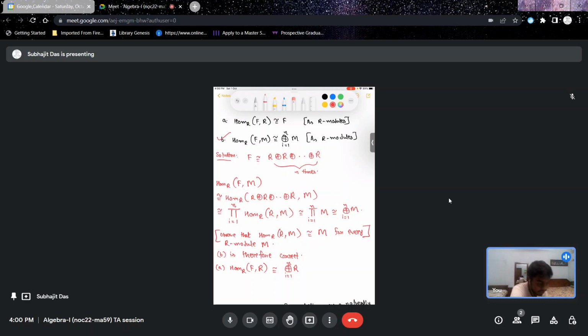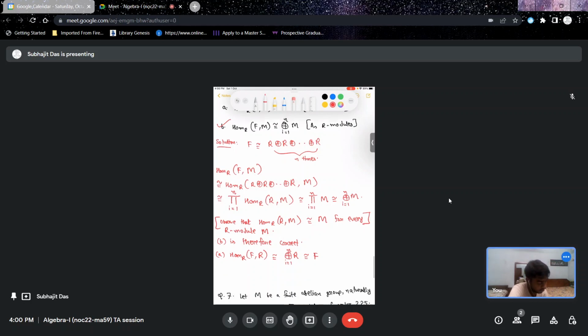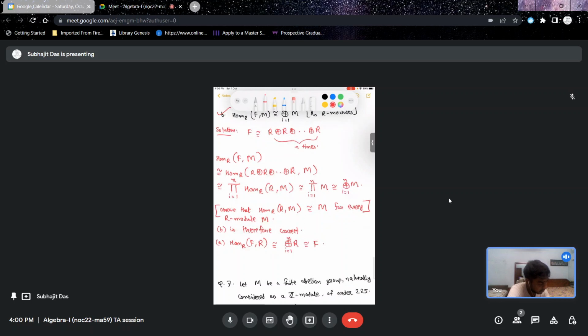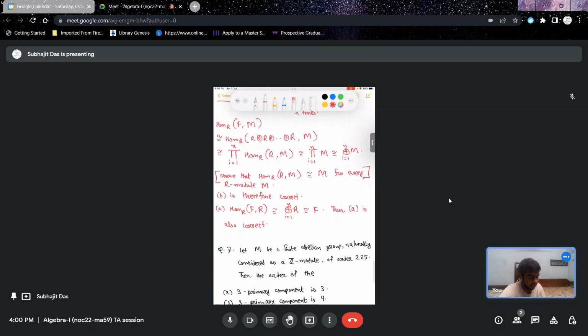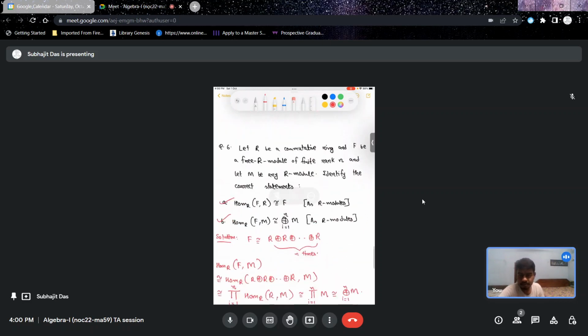M was an arbitrary R module, so this is just isomorphic to F, as F is precisely R direct sum dot dot dot direct sum R. Thus A is also correct. So A and B are both correct, and that finishes this particular problem.